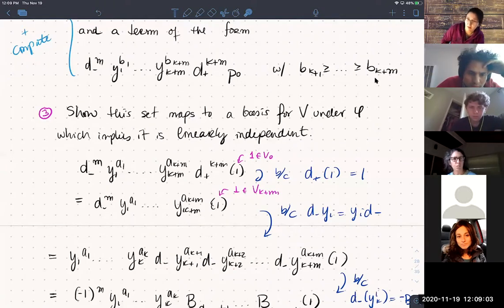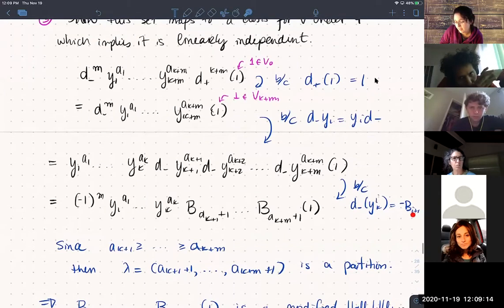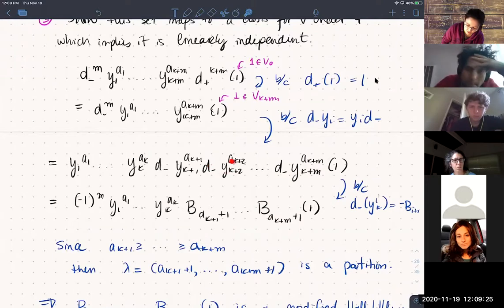The reason I'm going to do that weird distribution is because I want to recall that if I do a D minus and then a yk, that is equivalent to acting by this BI operator of Haglund-Morse-Zabrocki. So here you're basically going to substitute that for this. You're going to substitute this D minus yi for that, and so on. So here you have a composition of precisely M B's, with some minus signs that are popping out.